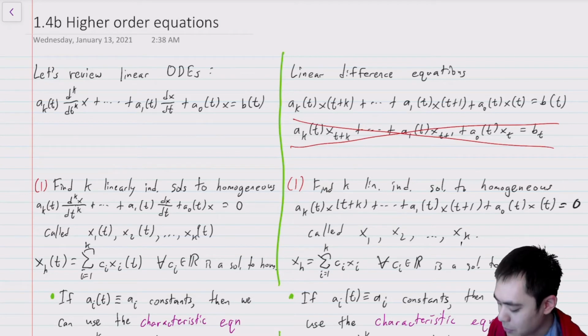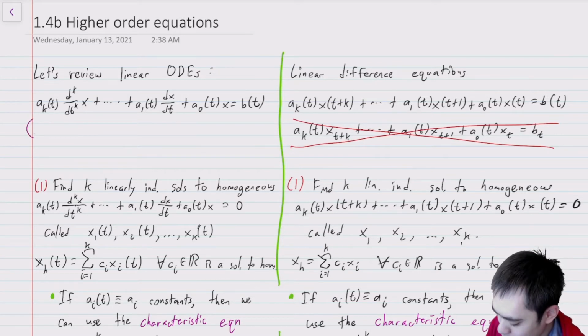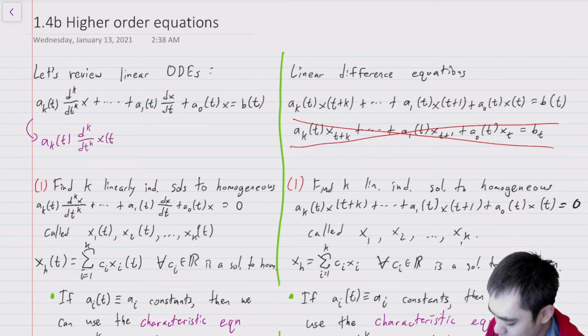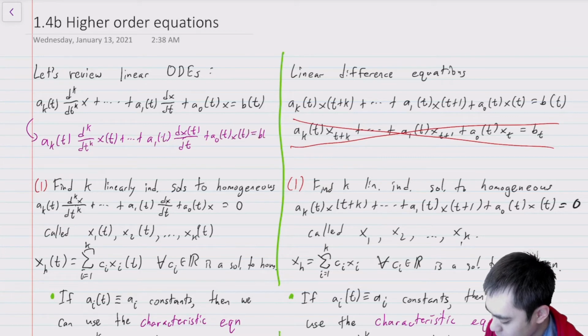ODEs. And remember that when we're working with these linear ODEs, we can expand that out. So this is also equivalent to a_k(t) d^k/dt^k x(t) + ... + a_1(t) dx(t)/dt + a_0(t) x(t) = b(t).